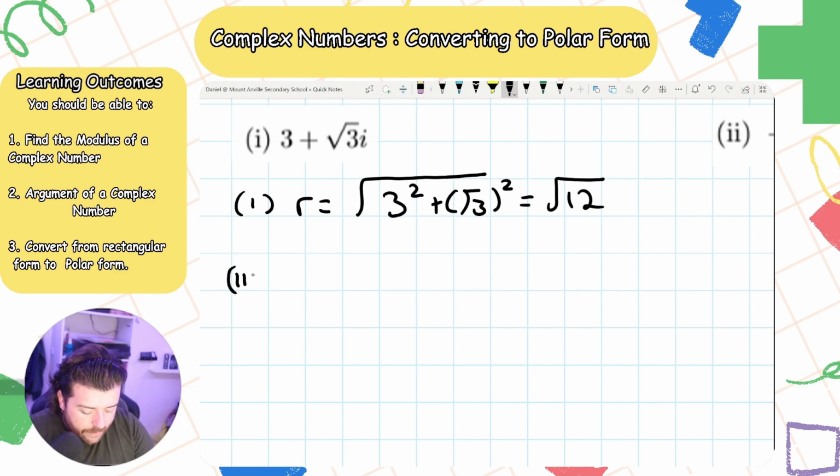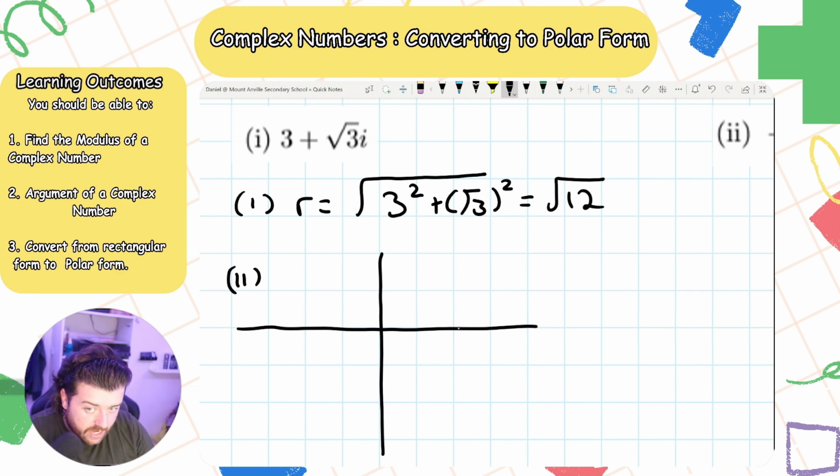Next step, let's get my argument. So we plot this out here. Just doing a rough little sketch. It's positive 3, so it's on the positive x-axis, and it's root 3. So I'm going to say it's here. Doesn't necessarily mean it actually is here, but I'm just sketching it out. This is my reference angle.